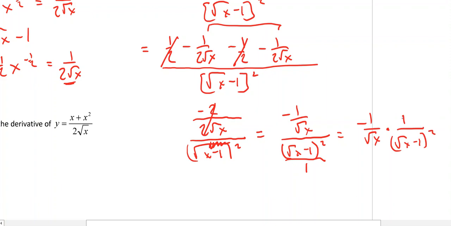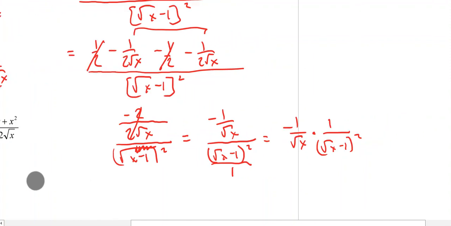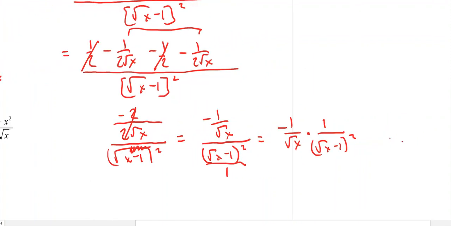And so we're going to have negative 1 over the square root of x times the square root of x minus 1 squared. And we will just leave it like that for now. That would be our derivative.